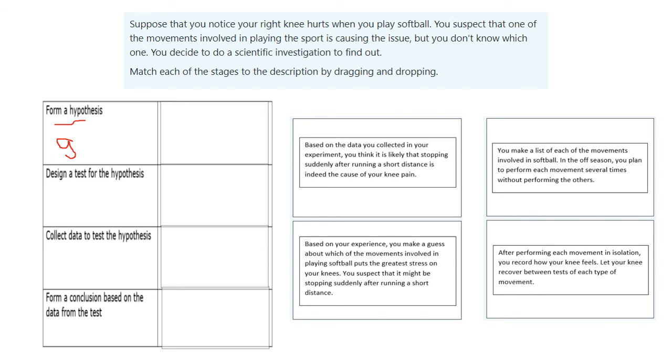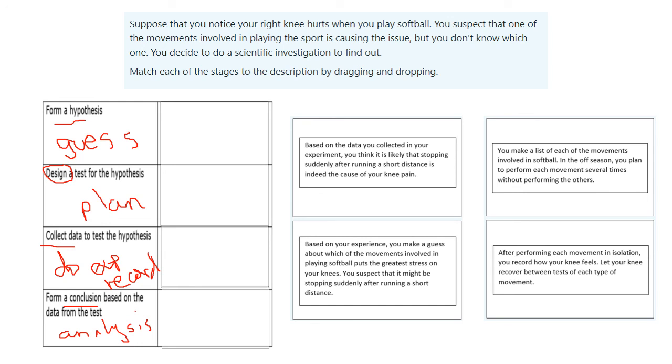This means to guess. You design, you plan a test. You collect data, you do the experiment, and you record what you see. Then you form a conclusion by doing analysis. You look at what you recorded.